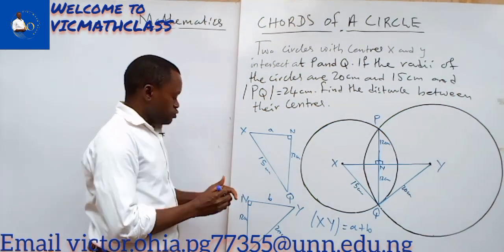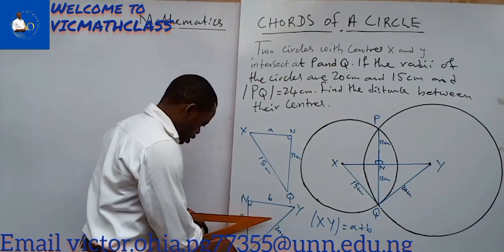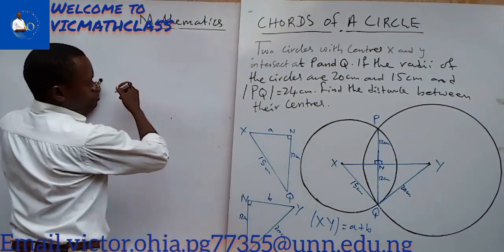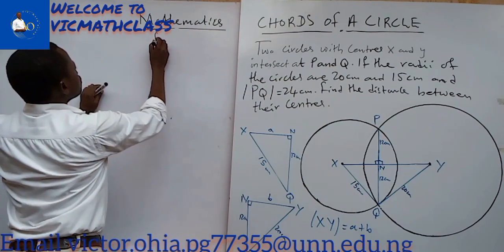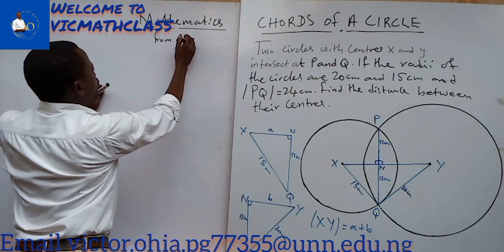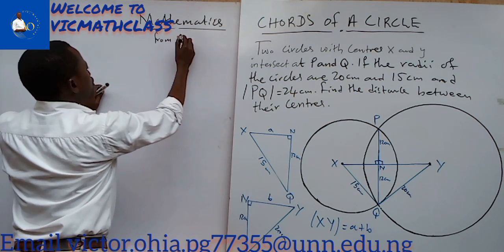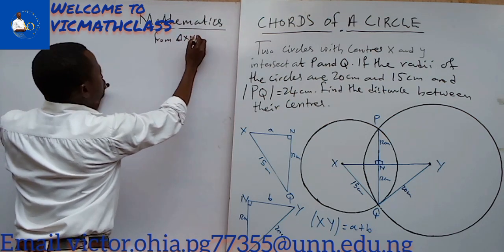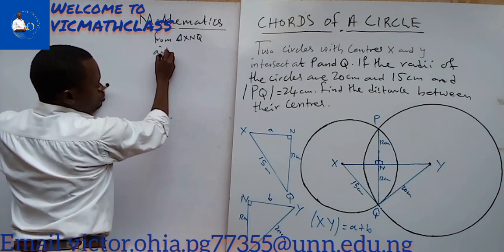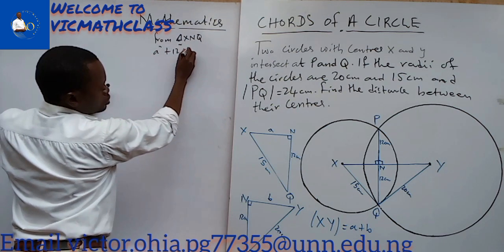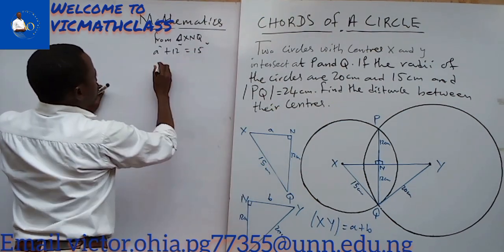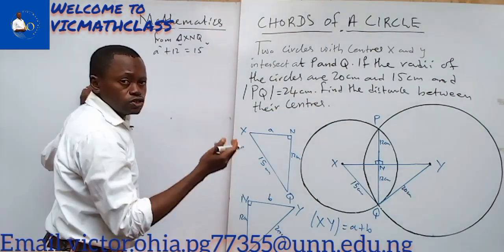Can we now move on into calculation and see how we can get those two things? From triangle XNQ, I will say A squared plus 12 squared is equal to the hypotenuse squared, which is 15 squared, by Pythagoras theorem.